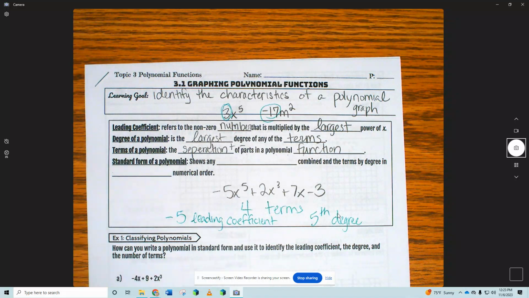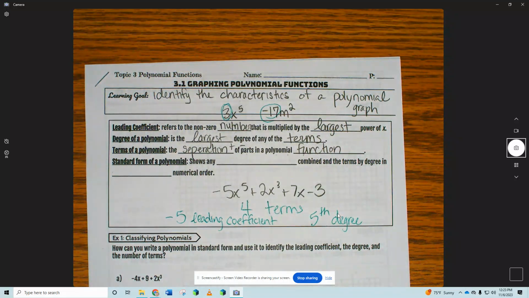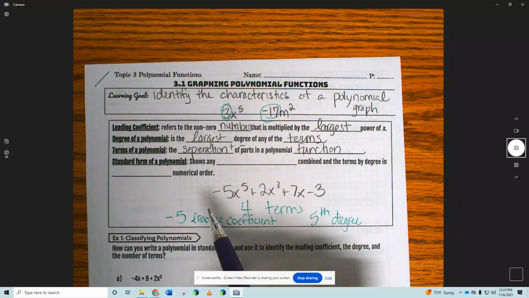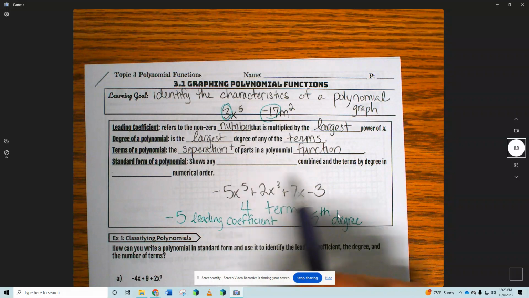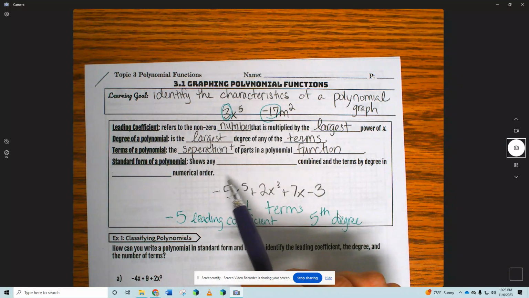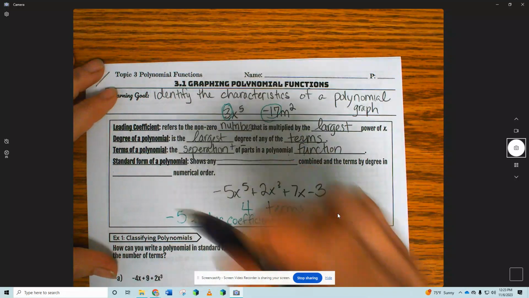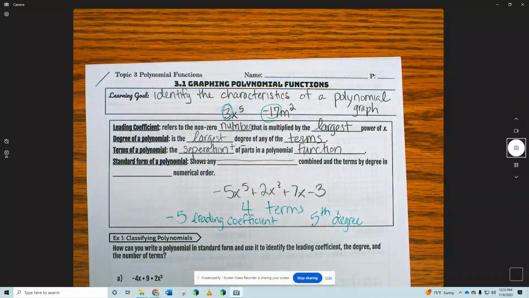So we need to be able to identify these characteristics. Positive, negative, odd, even. Okay. Last one. Standard form of a polynomial. Okay.